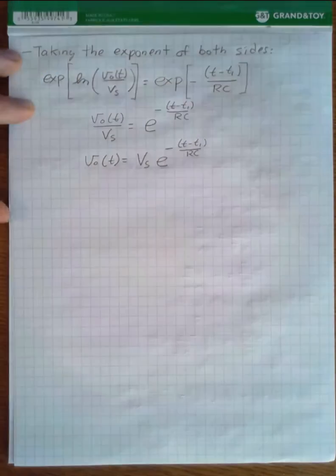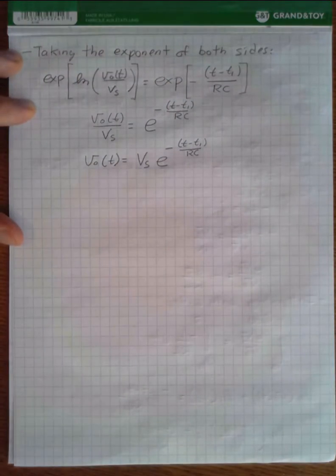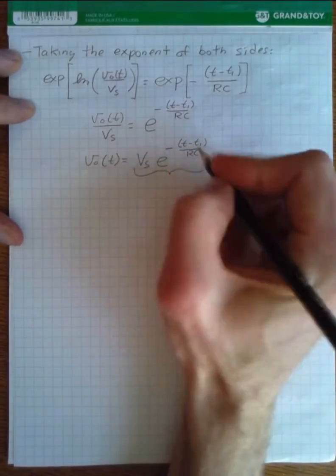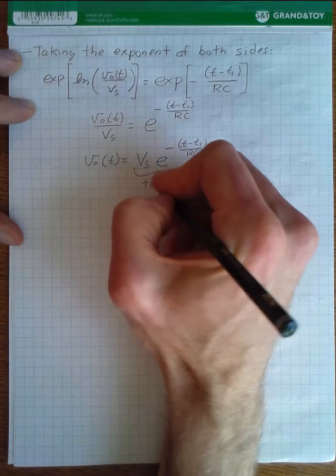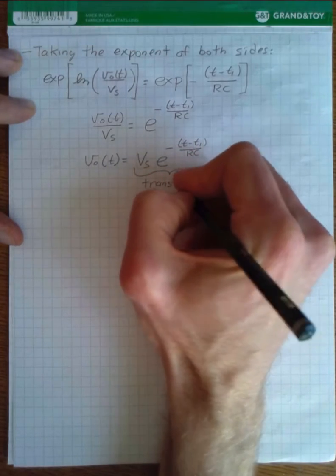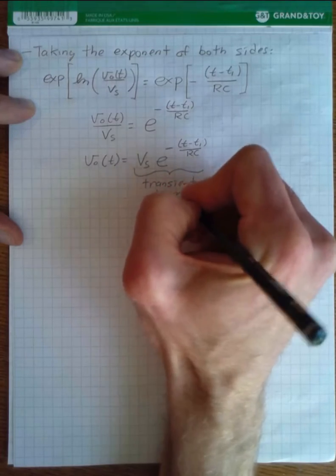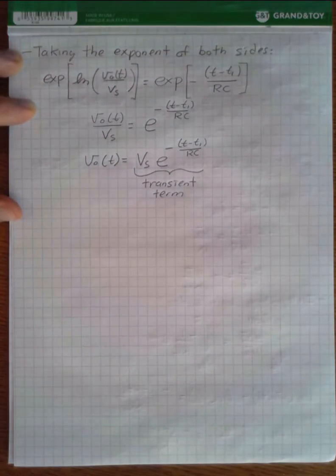And just like, or similar to, our step response in module 4, this is the transient term, or the transient solution to our response.